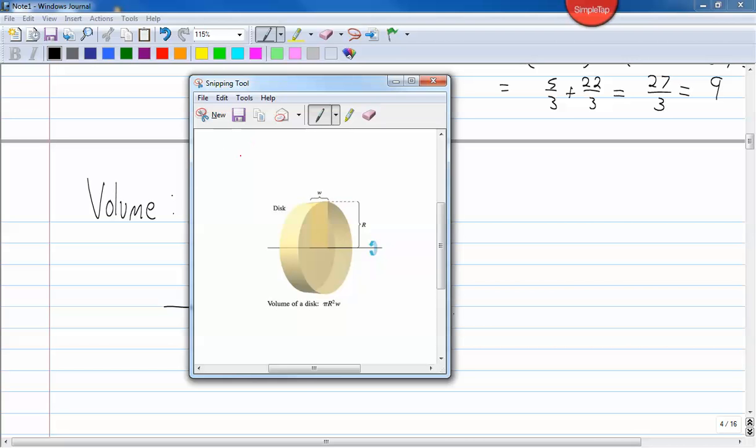All right, so the volume is equal to pi times this radius here, which I'm going to call capital R, squared, times that change in the width, delta x.